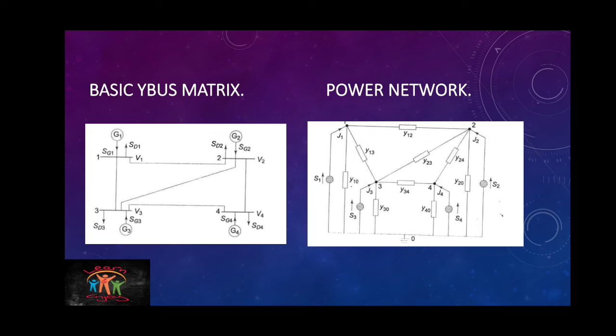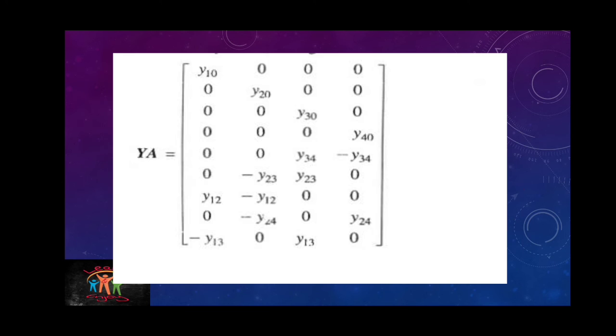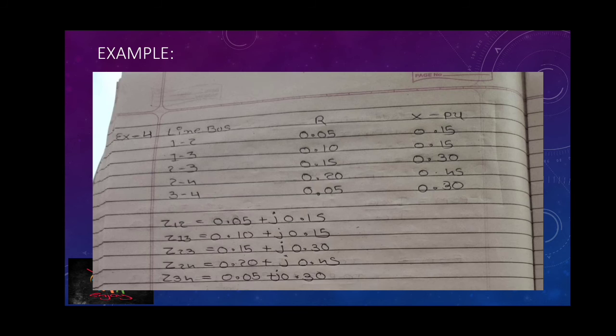Okay, done. Now y33. What is y33? y13 plus y23 plus y34 plus y30. And what is y44? The admittance connected to the fourth bus. So it is y40 plus y24. Okay, so I hope it is clear to you. These are the terms which we have.